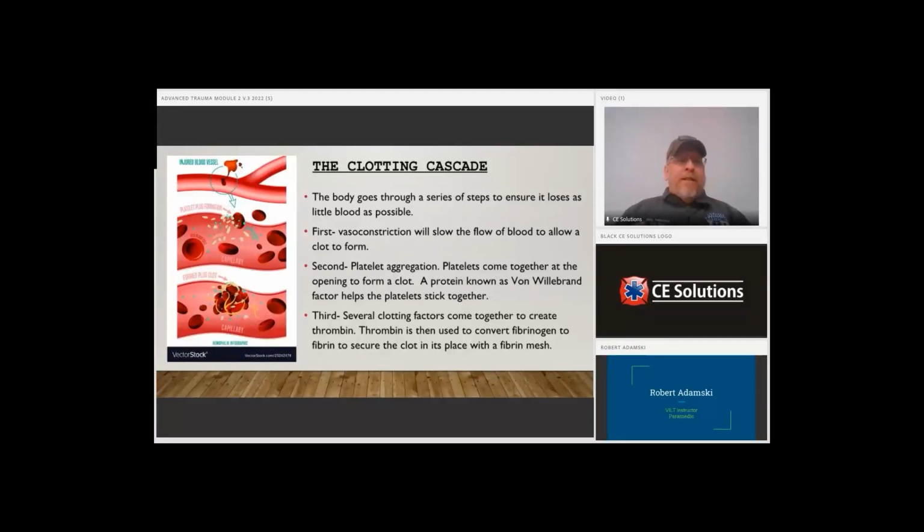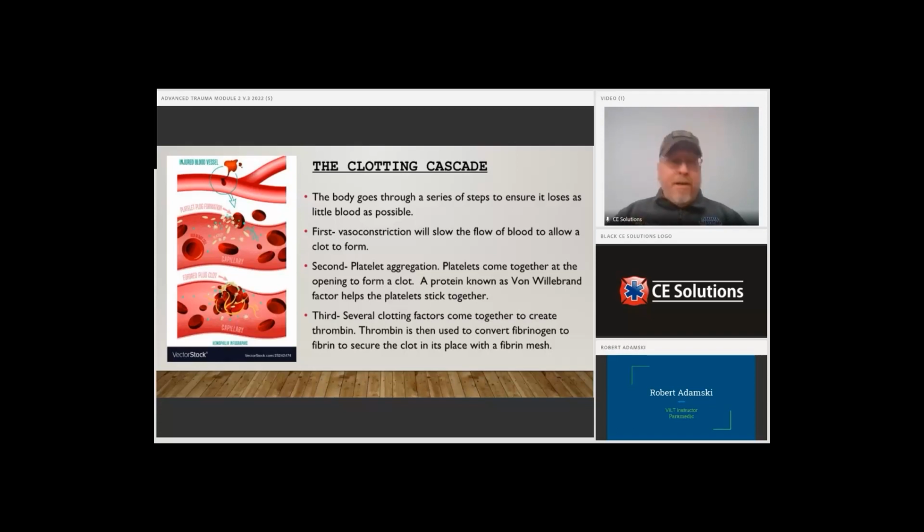Now, when we discuss the concept of hemostasis, we need to remember that there are two main components to hemostasis. We have a cellular component consisting of platelets or thrombocytes, which is going to form a sticky plug at the injury site and help staunch or stop, or at least minimize, the amount of blood loss or hemorrhage.